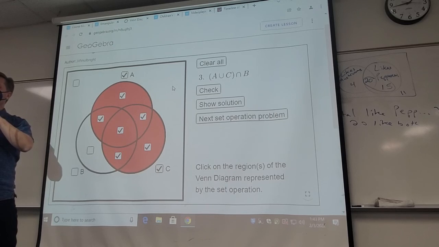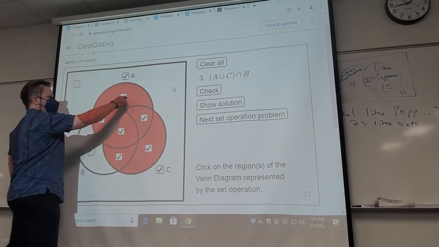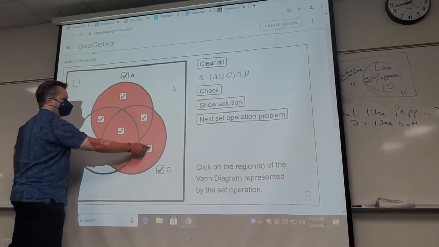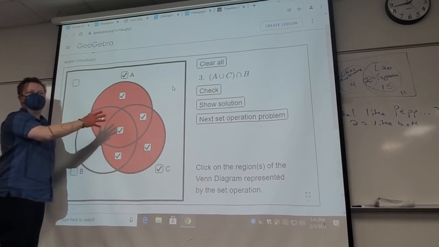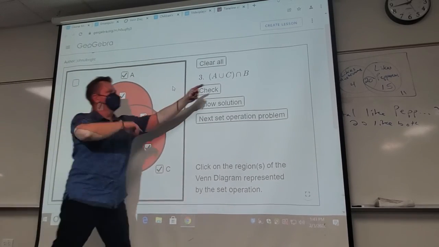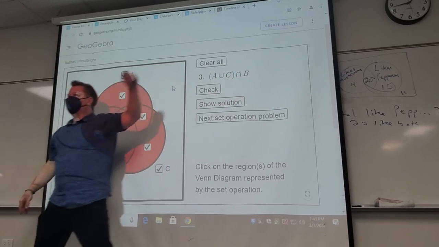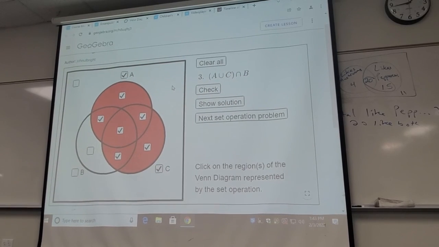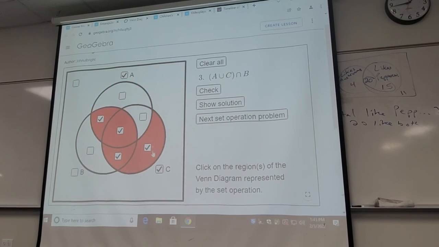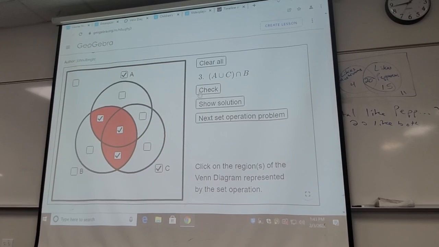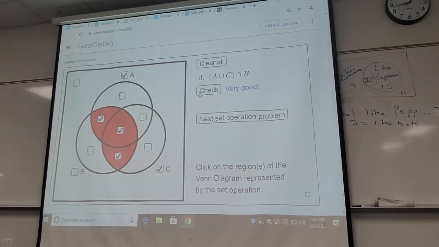The top one and these three here, right? Because they're not in B, so how could they be in an answer where things have to be in B also? So I would throw these three out. Bam, bam, bam. Check. Yay.